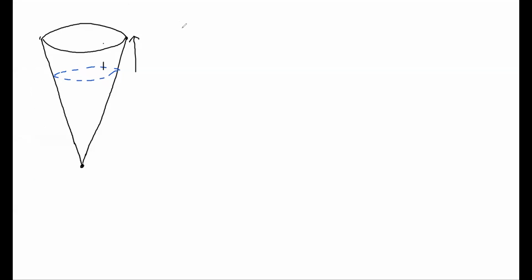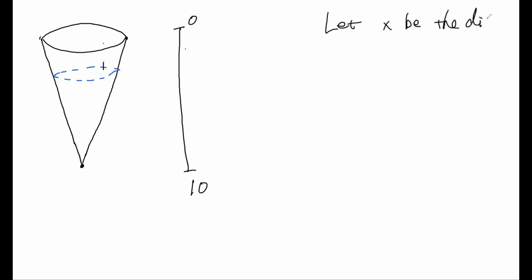Let's assume the top is 0 and the bottom is 10. We divide this 0 to 10, so that x is the distance to the top of the tank.